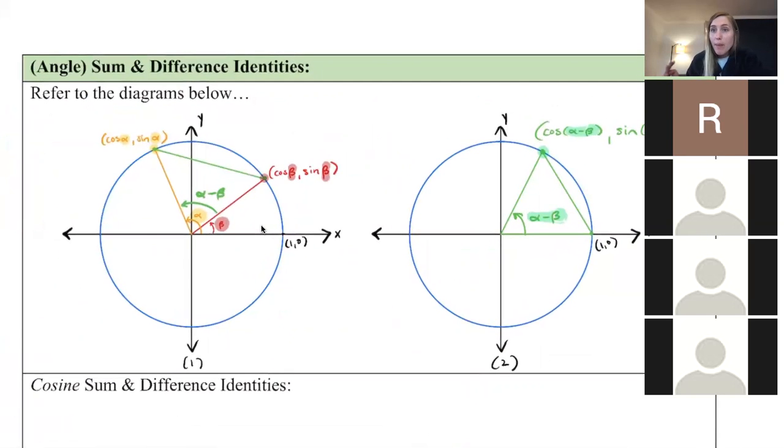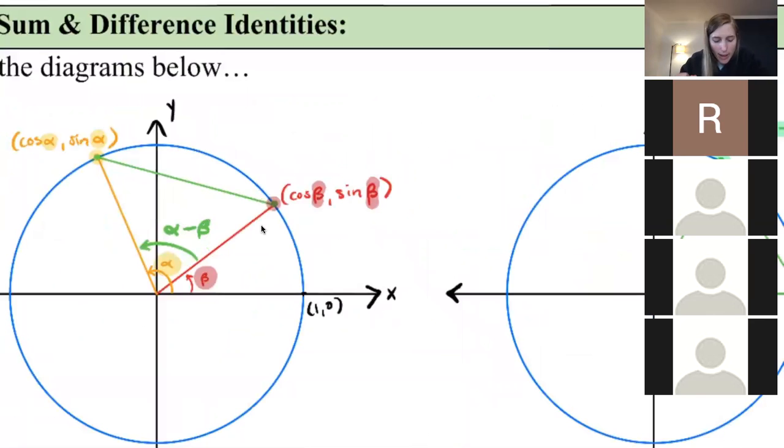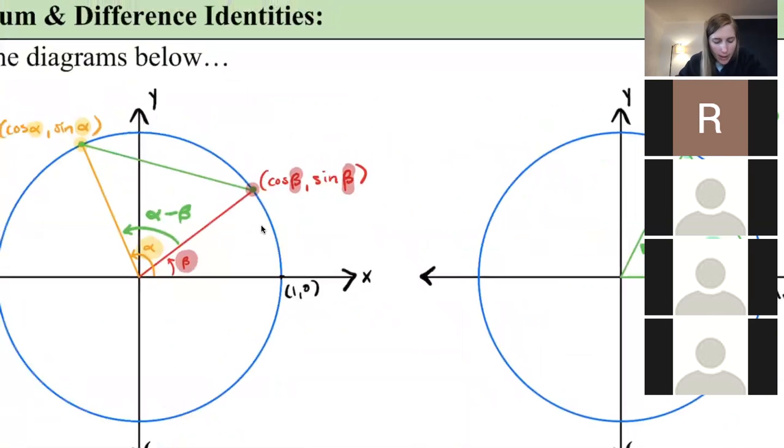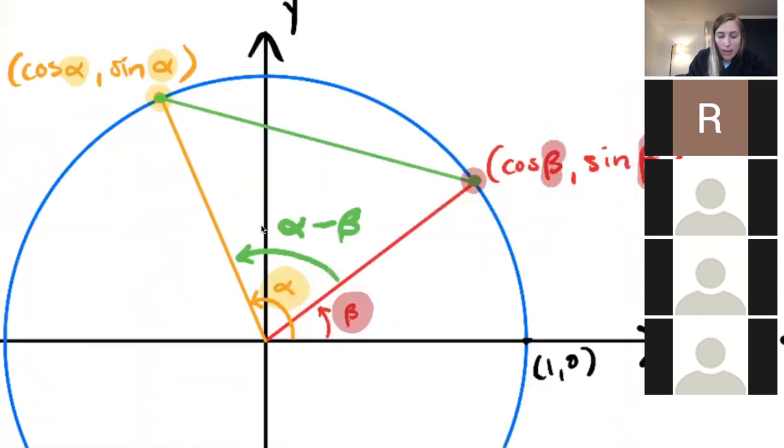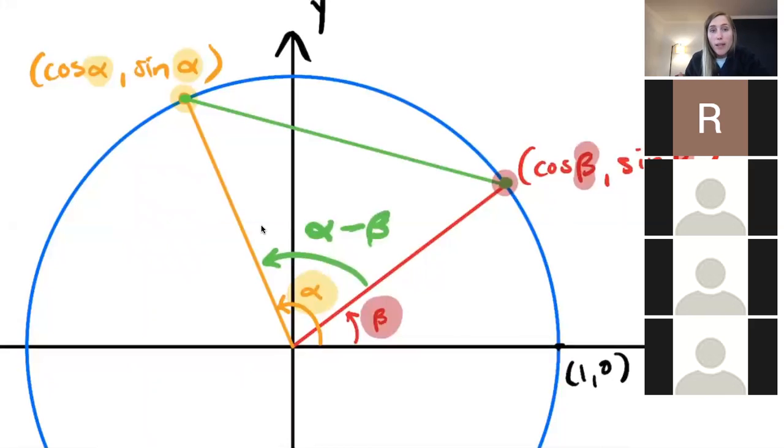Weird angle name, I get it, but it's the literal description of how we came up with that angle, taking the angle from quadrant 2 and subtracting the angle from quadrant 1. Now, I drew a green line between the points in this first picture, and I could call the distance between those points d sub 1.